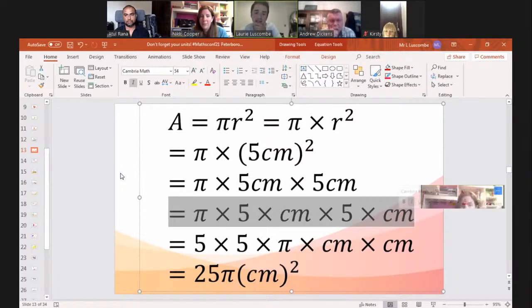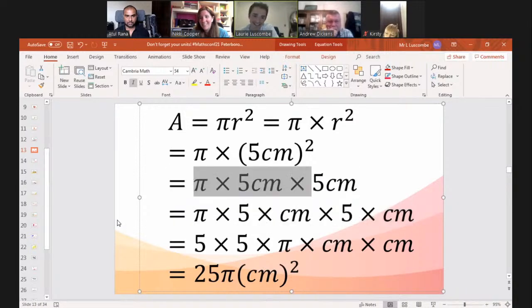And if you've done work on the commutative law, I just wonder if that then makes it really clear that we can rearrange the order because it's all multiplied, and I can see where the centimetre squared comes from now. But again, I'm doing that thing where I say we when really I mean I. I wonder if I just made the assumption earlier in my career that it was obvious to go from there to the end, that of course it's centimetre squared.